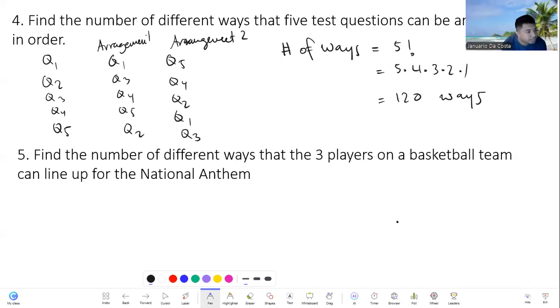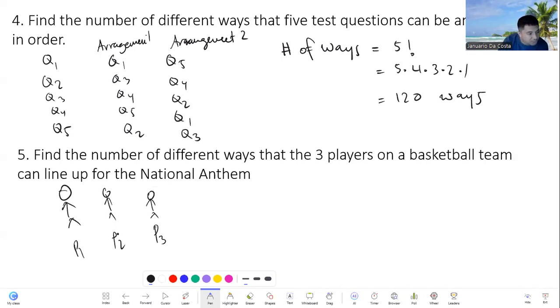Okay, find the number of different ways the 3 players on a basketball team can line up. Let's call this player 1, player 2, and player 3.